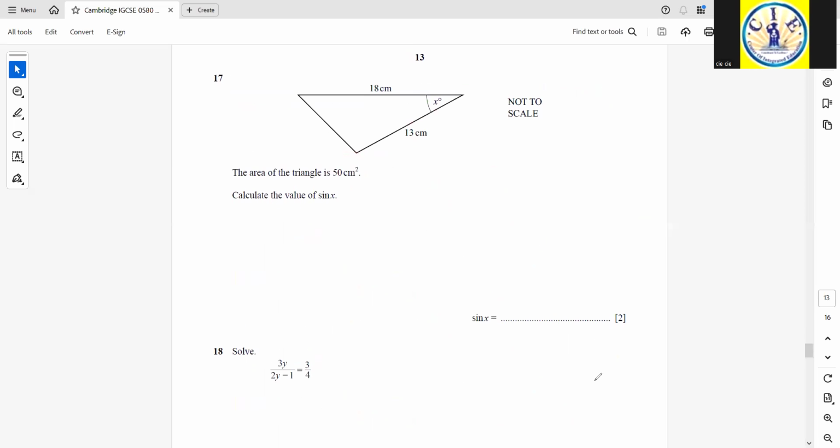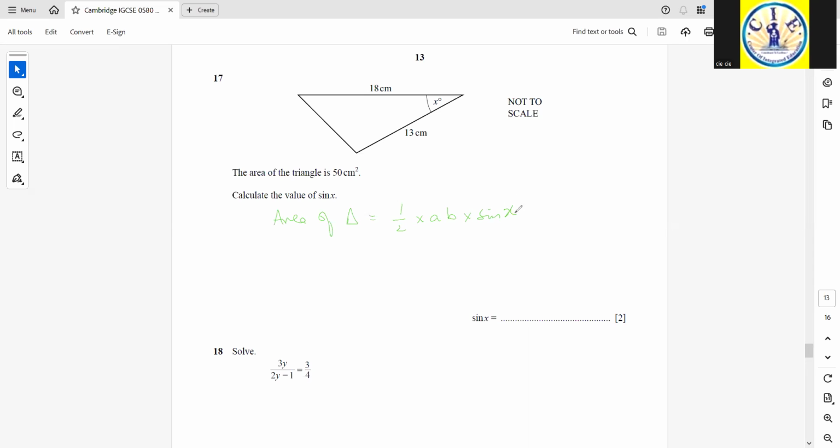Okay. Now it is question number 17. The area of the triangle is 50 centimeter squares. Calculate the value of sine x. We know that the formula for the area of triangle is 1 by 2 times a times b times sine of the angle between these two sides.